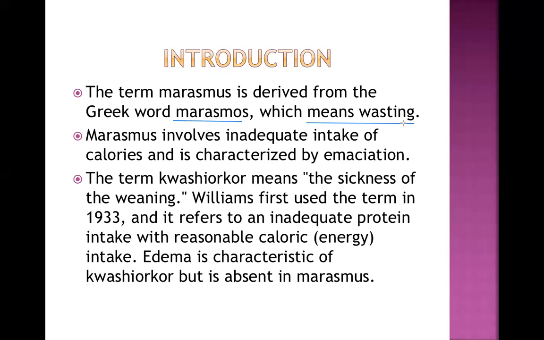So from outside, I cannot see any muscle mass there, and there is no subcutaneous fat. If subcutaneous fat is not there, the skin develops folds and wrinkles on the body, and the face looks like an old man's face. So this is a very, very important point. This is called wasting or marasmus.